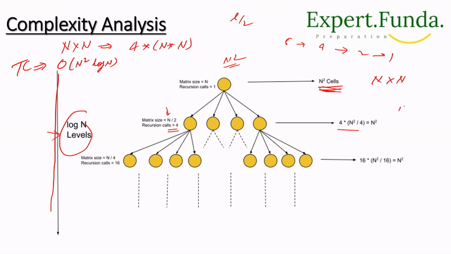Now this 4 gets cut by the 4 calls, so it becomes n square.